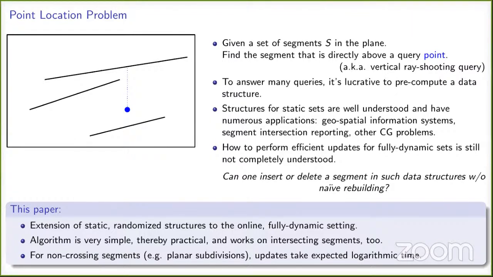So the trapezoidal search tree has its own benefits, but the more commonly known structure is probably the trapezoidal search DAG, because the trapezoidal search DAG has expected linear size, and the trapezoidal search tree is slightly larger. It has expected n log n size. So it's two different structures. We show how to maintain either of them, and our best update times are for the trapezoidal search DAG.